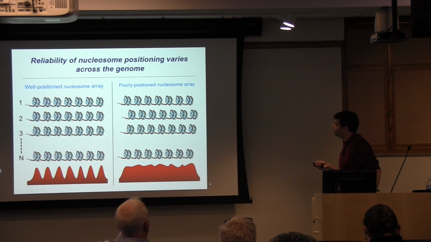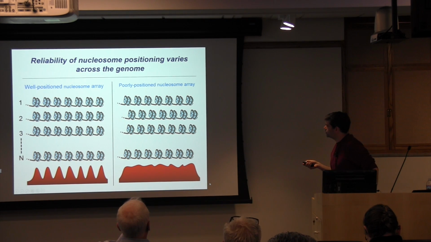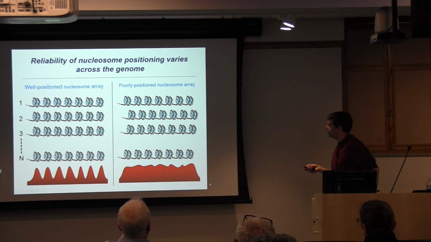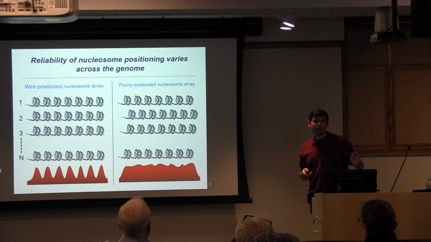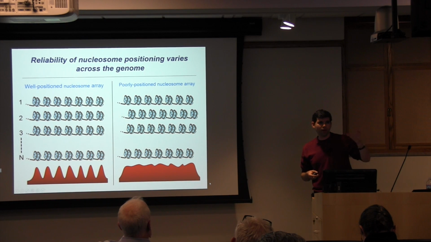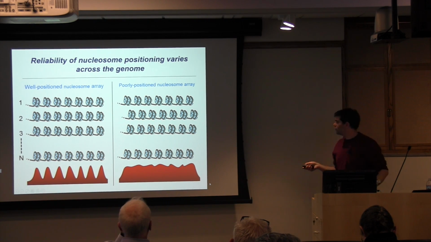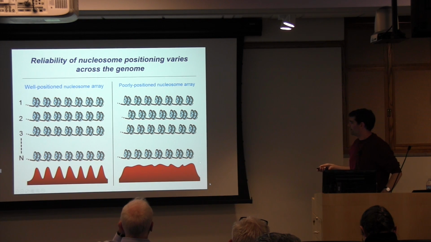So in one chromosome, nucleosome will be in this position, and another chromosome will be in this position, another chromosome will be in this position. This doesn't mean these nucleosomes are not stable. It's just that every time chromatin is assembled after cell division, the nucleosome will occupy a slightly different place. And when you average all of this, you get something like that, right?